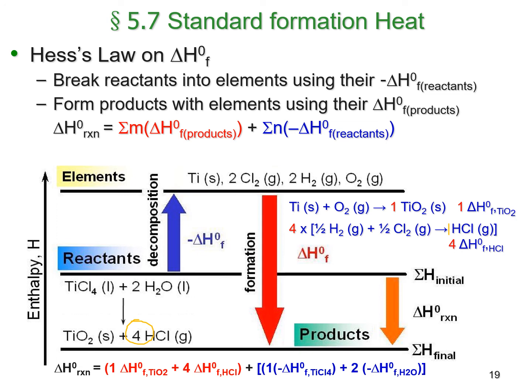According to mathematics, if we have a negative in every term, remember, this is a sum of multiple products. So that M is subject to change. For example, if we have two products, the coefficient is 1 for TiO2, 4 for HCl. The N represents the coefficients of each different reactant. 1 for TiCl4, 2 for H2O.